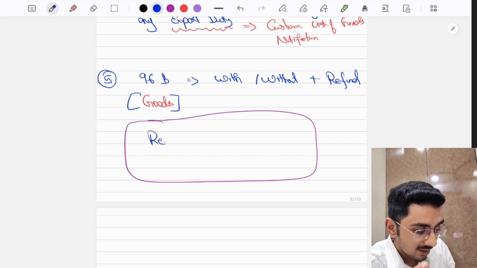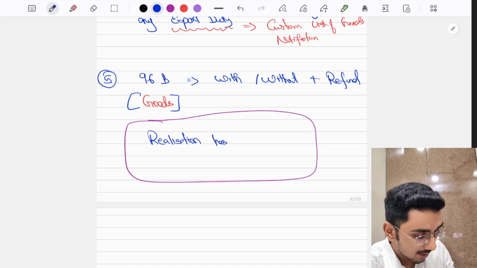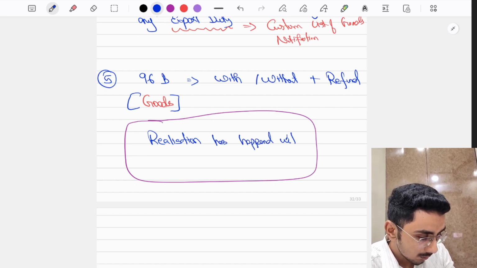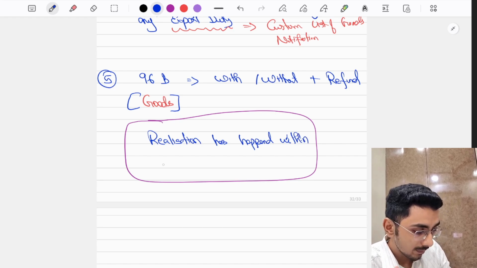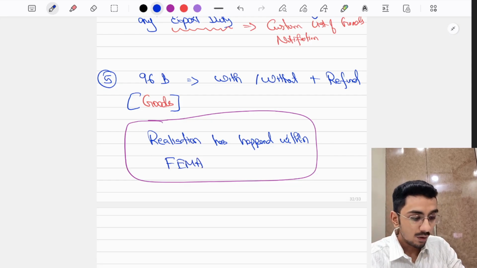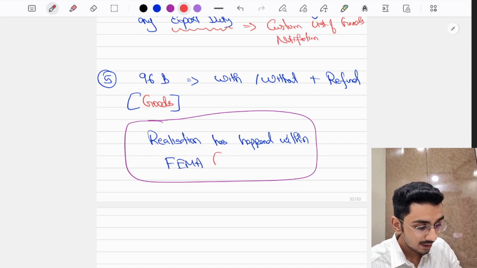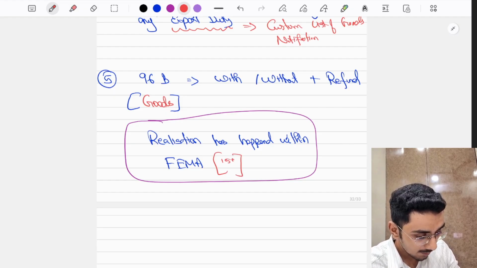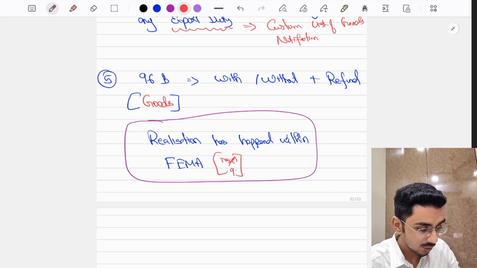You have to check whether a realization has happened within the period stated in FEMA. We have already seen that the FEMA realization period was 15 months, but recently it has changed to 9 months.